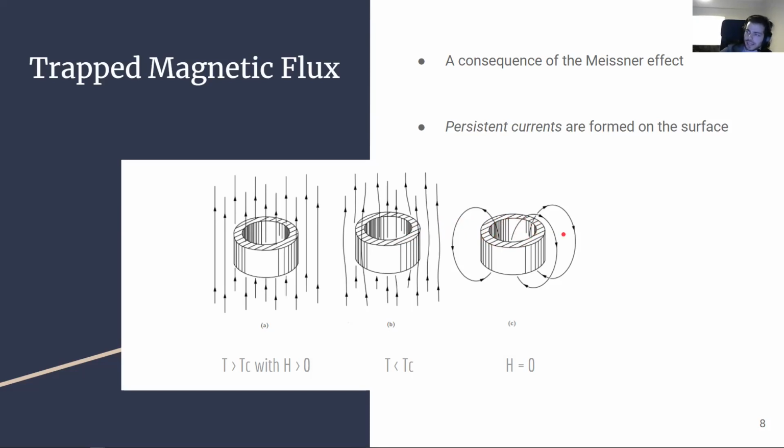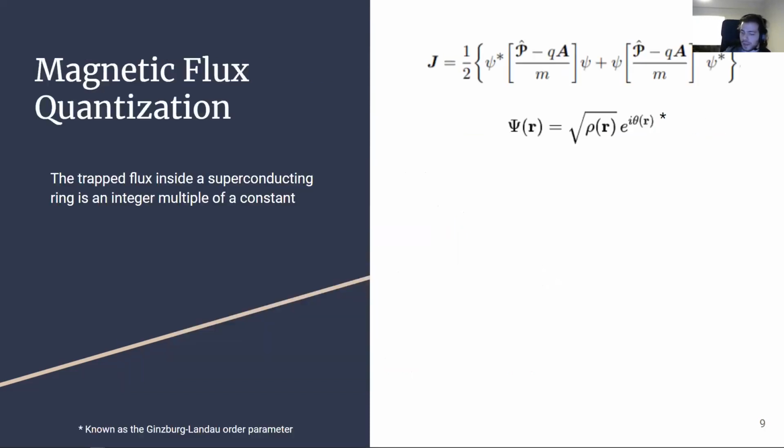Okay, so investigating this case further, we see that classically we could expect any value of magnetic flux to be in this ring, whatever we put. But that won't be the case if we investigate it quantum mechanically. I know I shouldn't show so many calculations, but I wanted to give you an idea of the underlying theory and recover some important characteristic properties which can be used in experiments.